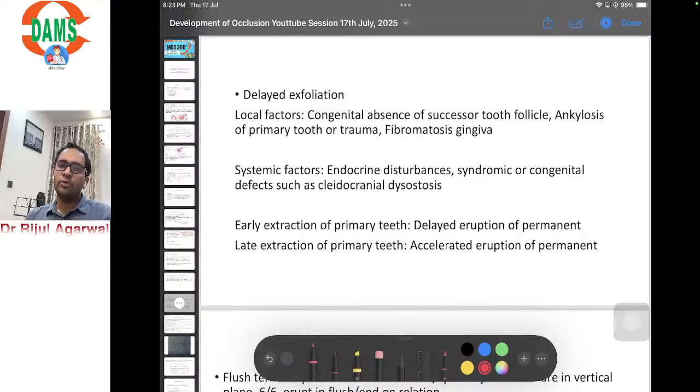Systemic factors are endocrine disturbances, and syndromic or congenital defects such as cleidocranial dysostosis, and so on. You must have discussed these syndromes in detail in your oral pathology. I'm just putting up those which are important from your orthodontic point of view. So you have to link up these things from one subject to another.